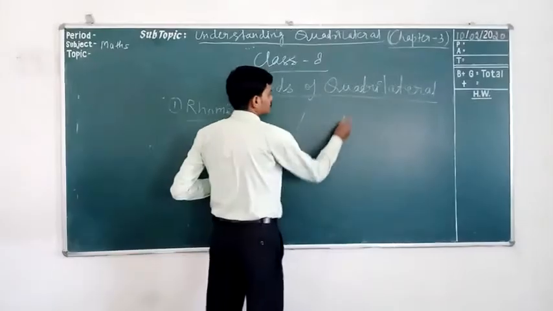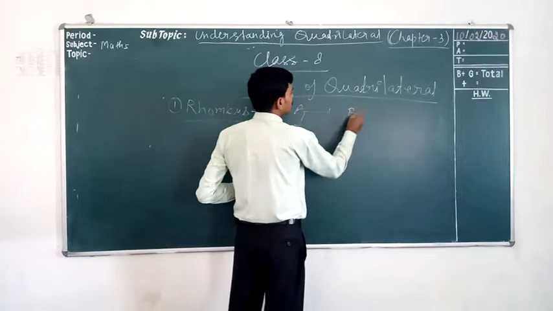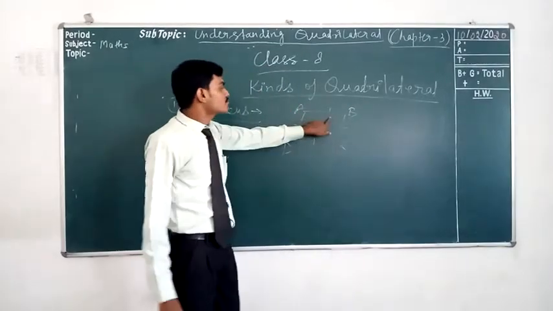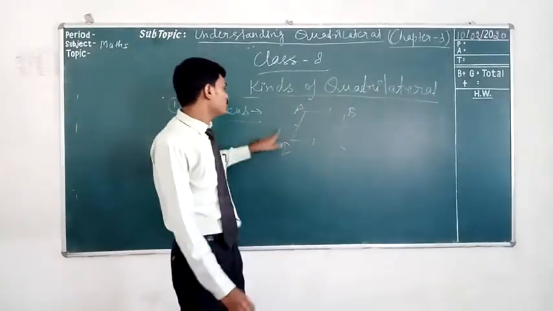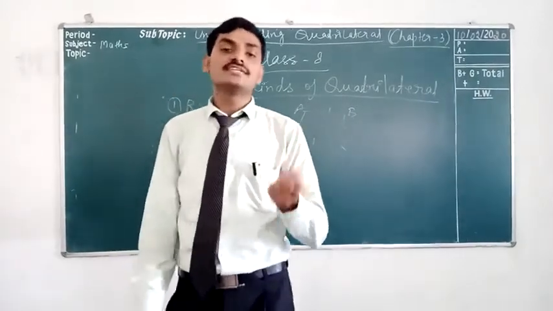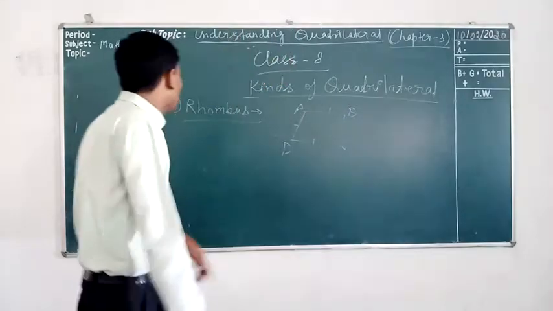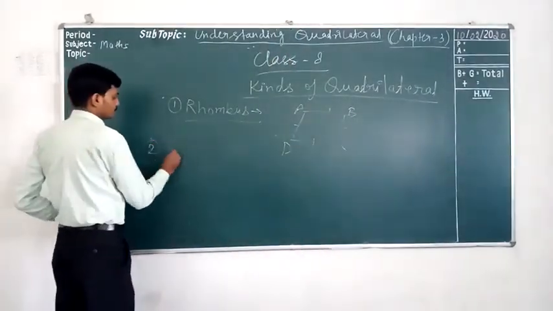That is, for A, B, C, D, here AB equals BC equals CD equals AD. If all four sides of any quadrilateral are equal, then we can say that this is a rhombus.